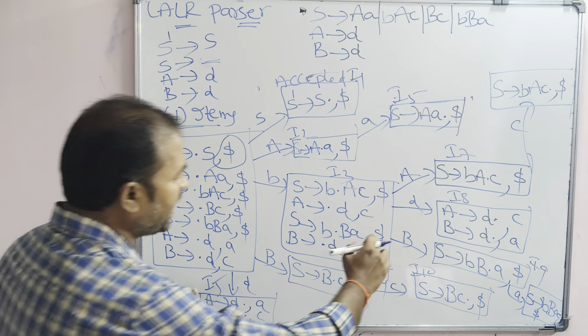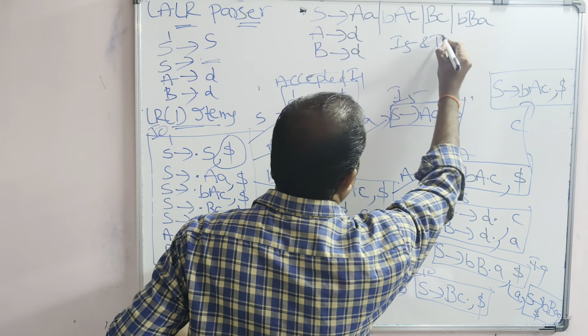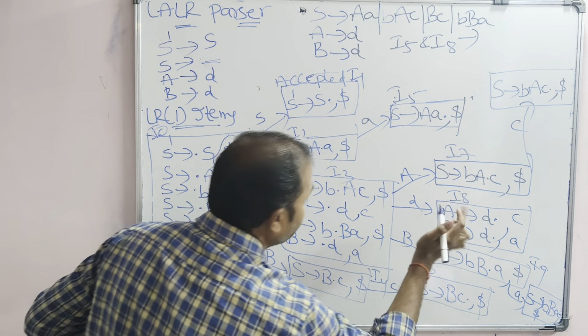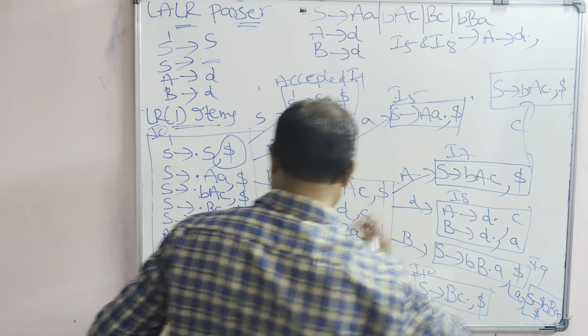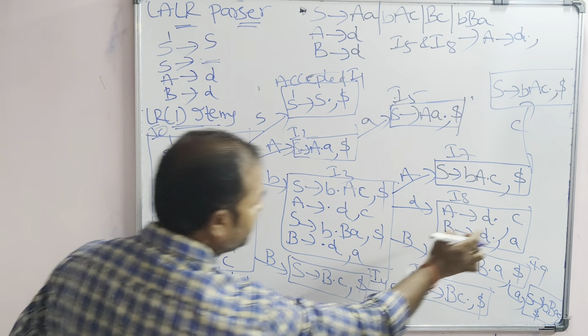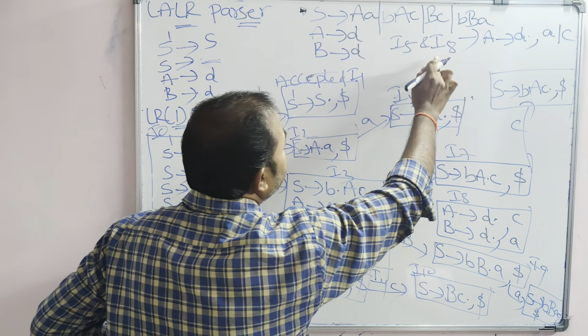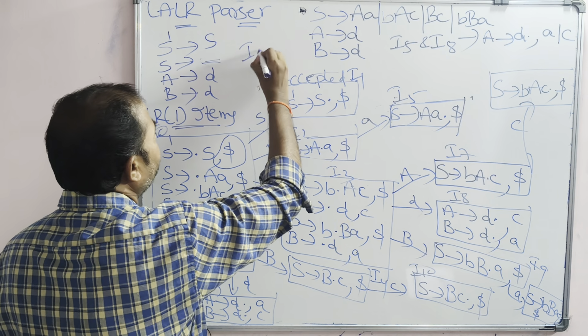If we observe I5 and I8, what are the productions here? A produces D dot, A produces D dot. Look ahead part, here A, here we have C, A or C. So we can combine I5 and I8 into a new state called I58.